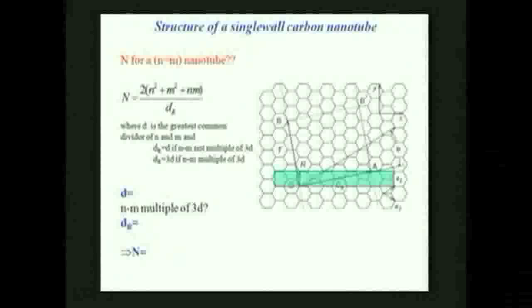Let's start with D. D will again be the greatest common divisor of n and m, that is the greatest common divisor of n and n. What is the value of D? What is the greatest common divisor of n and n, where n is an integer?